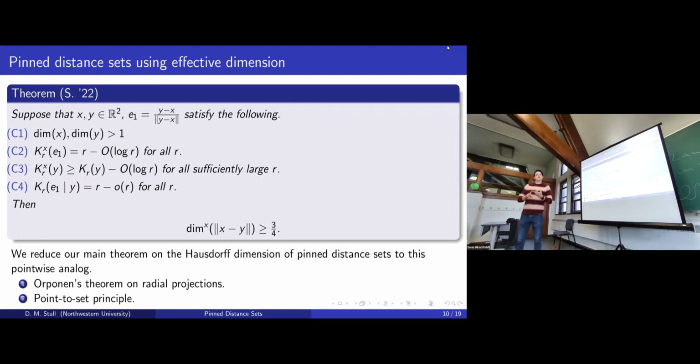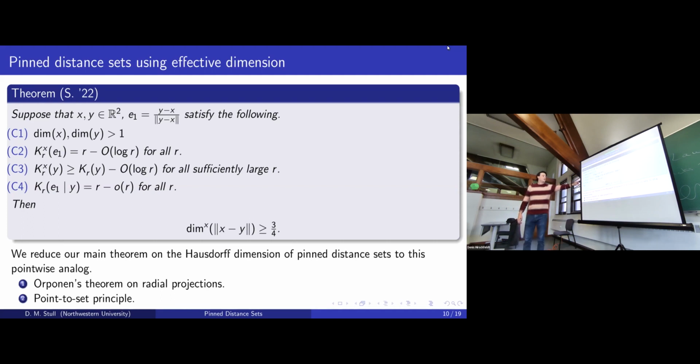So if we have 2 points in the plane, x and y, and we set the direction from x to y as e1, and we require that these things satisfy the following conditions. The effective dimension of x and the effective dimension of y are strictly greater than 1. The complexity of e1 relative to x is essentially maximal, so the direction e1 is random relative to x.